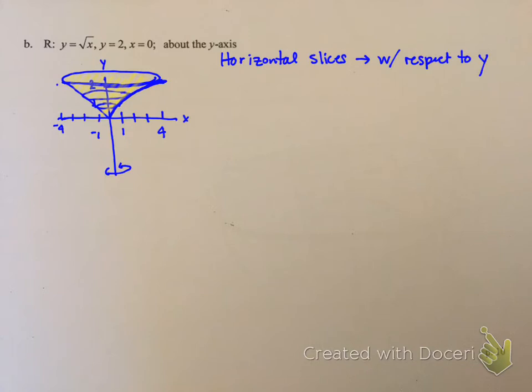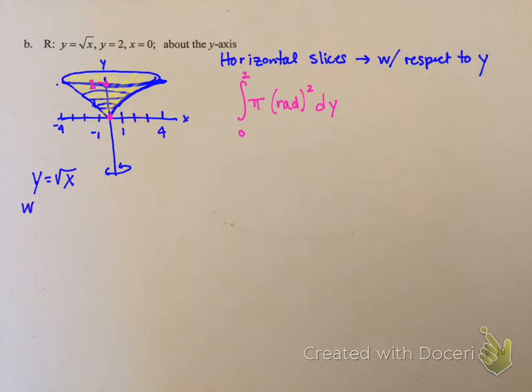Okay, all right. So if it's with respect to y, my starting point is y equals 0 to y equals 2. So I'm going to integrate from 0 to 2 of pi times the radius squared dy. My function is in terms of x, right? So y equals square root of x.